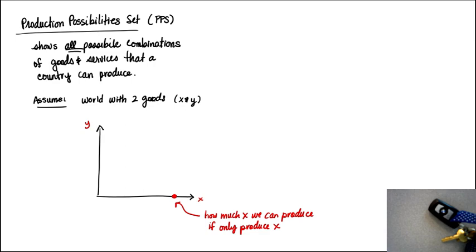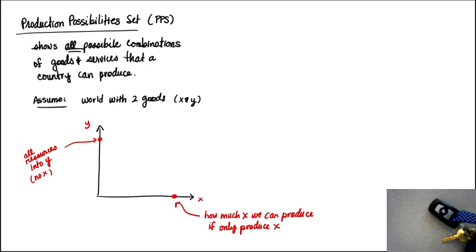All of our resources are going into X. And then by the same logic, if we only produce Y, let's say that we would be at a point like that right there. So we're putting all our resources into Y. We're not producing any X.